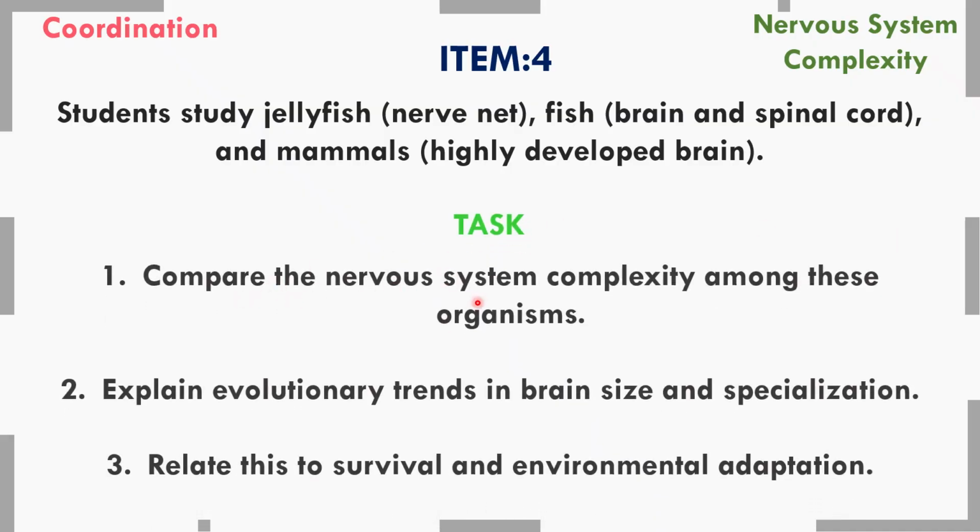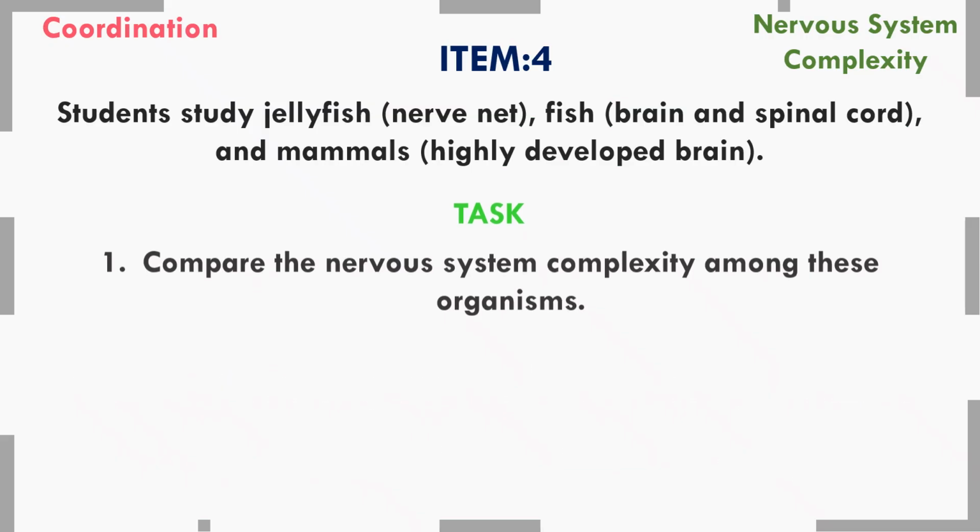Compare the nervous system complexity among these organisms. Explain evolutionary trends in brain size and specialization. Relate this to survival and environmental adaptations.